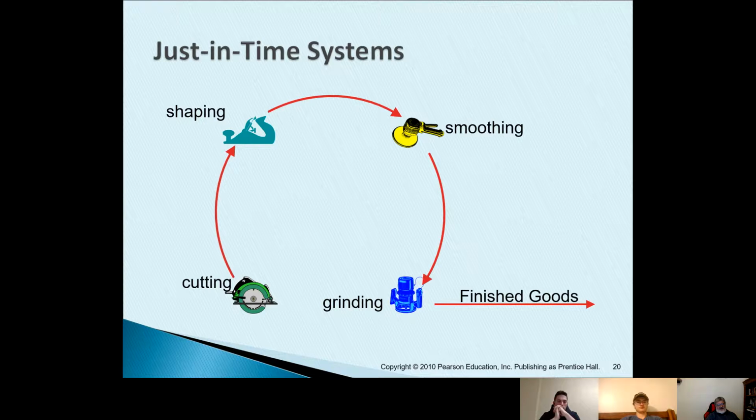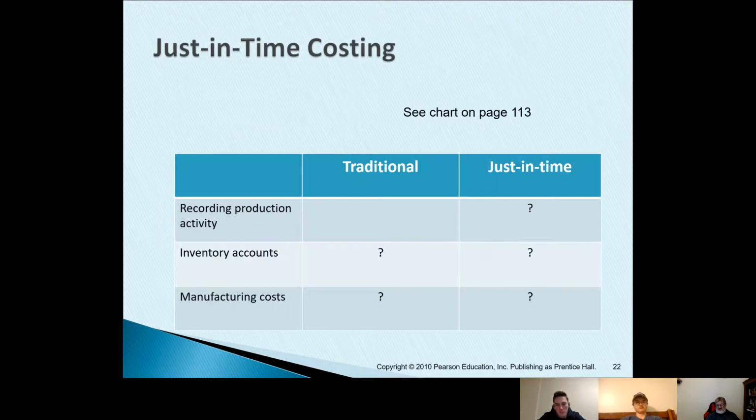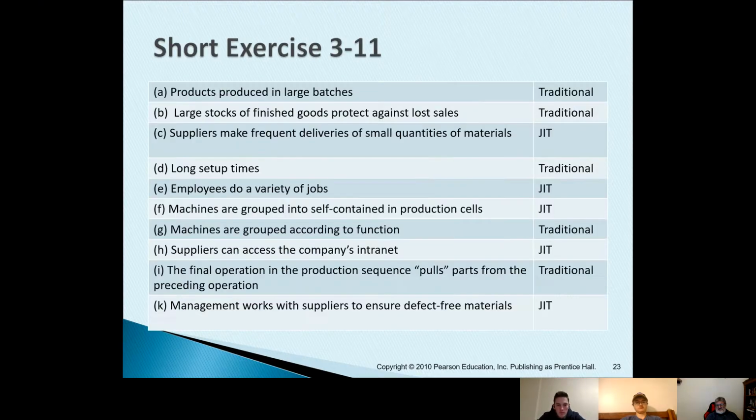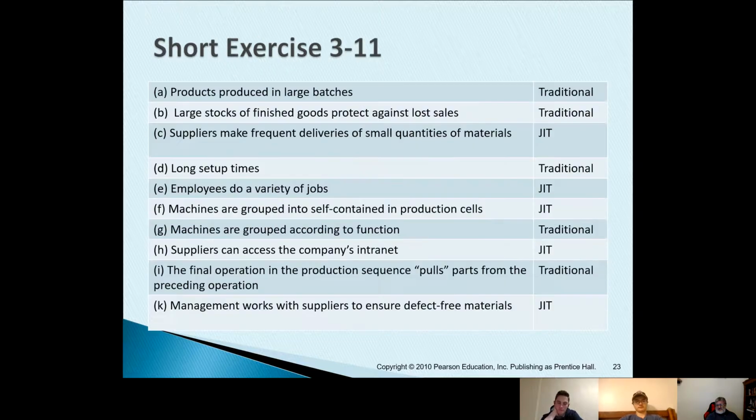Just another way of looking at the same information. Okay, so just-in-time costing. A short exercise, 3-11.